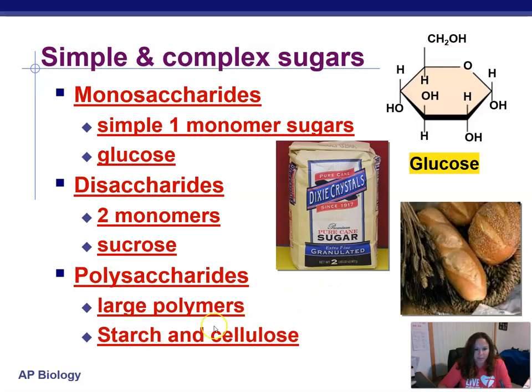So as you can probably guess, this is when we chain a lot of monomers together and we make these long chains. Hence the word, it's a macromolecule. And they become very large polymers. So starch and cellulose, which we find in plants, those are polysaccharides. And in humans, we would have glycogen, though I don't have that one pictured here, would be a polysaccharide.